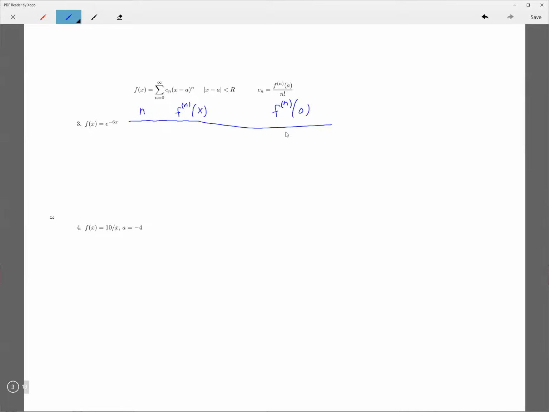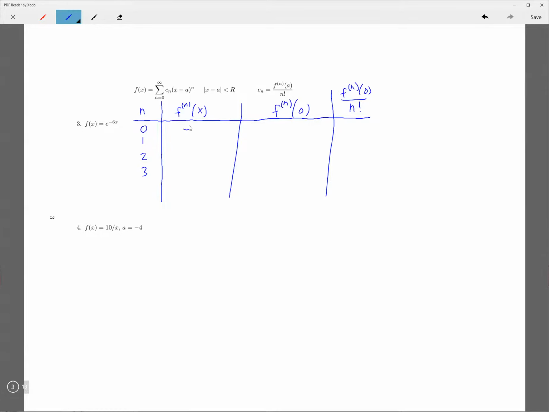Why can't I draw a straight line here? Ugh. Okay, and then the last one would be the nth derivative at 0 divided by n factorial. So 0, 1, 2, 3. We'll just go as far as it takes until we can see a pattern.